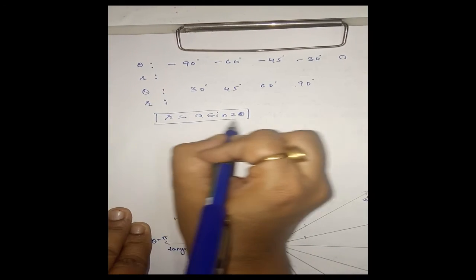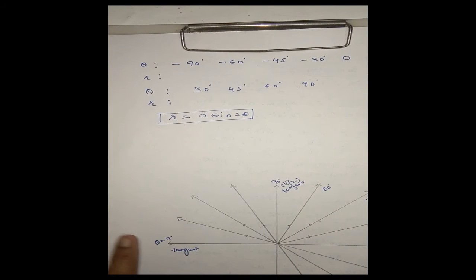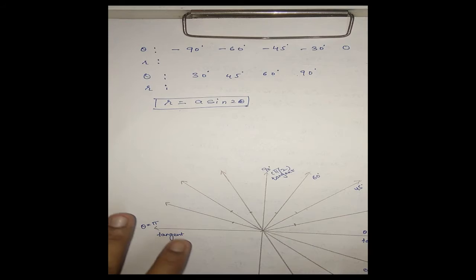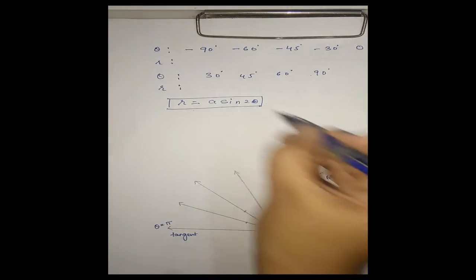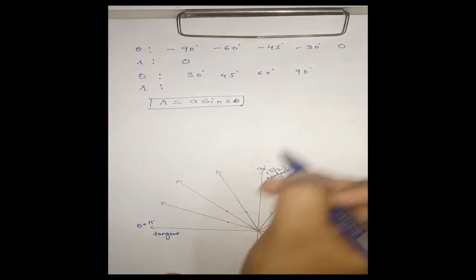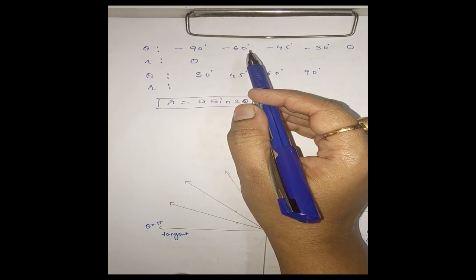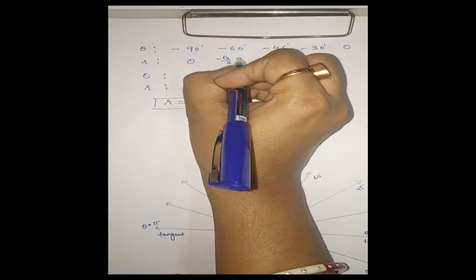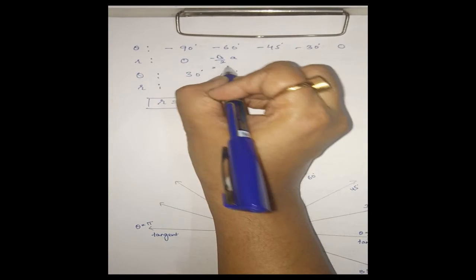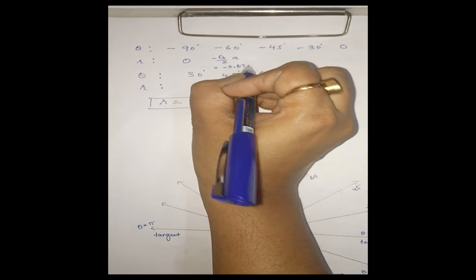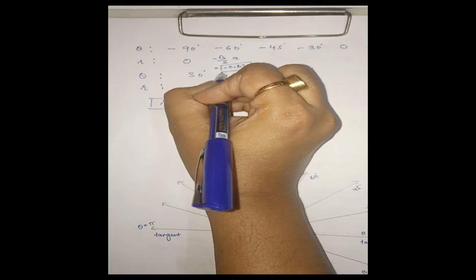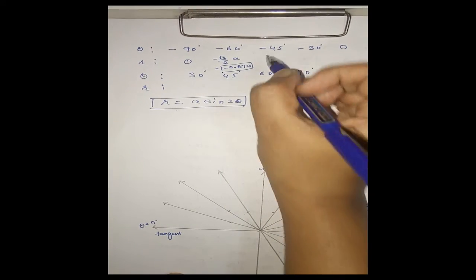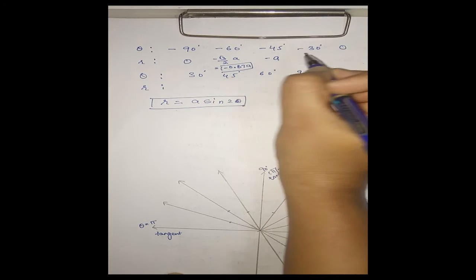When theta is minus 90, then 2 theta is minus 180 and sine 180 is 0. Therefore, this is 0. When theta is minus 60, this is minus root 3 by 2a, that is minus 0.87a. When theta is minus 45, 2 theta is minus 90, that is minus a.